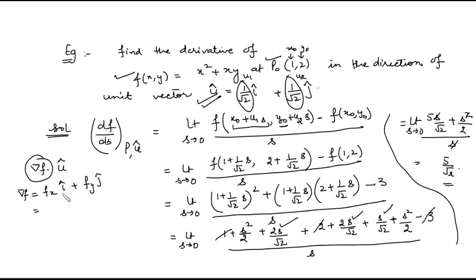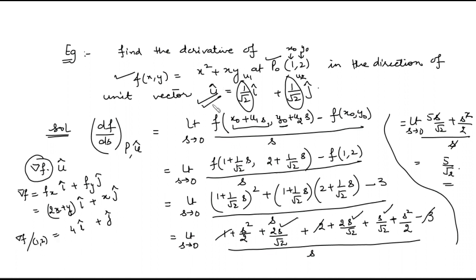So when you find this value, you will have 2x plus y i plus x j cap. Now we want to find this value at P, which is (1, 2). So we will substitute x to be 1 and y to be 2 over here. So we'll get 4i plus j. So this is our del f.